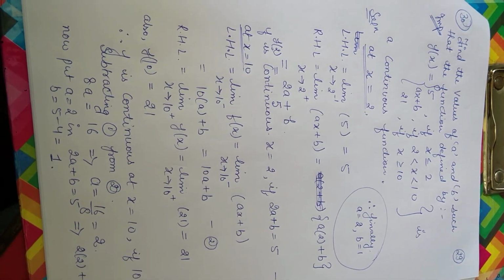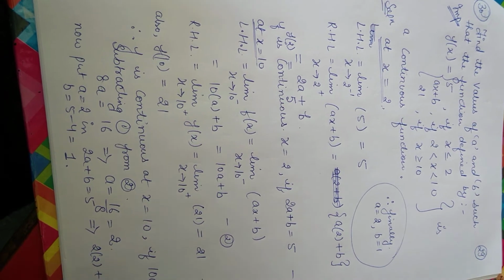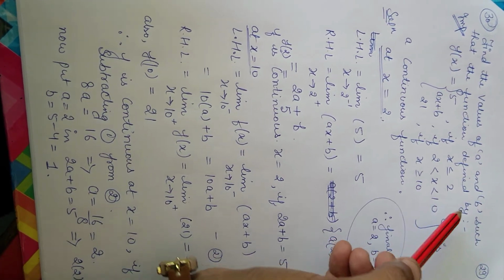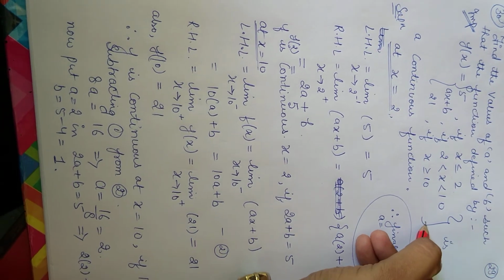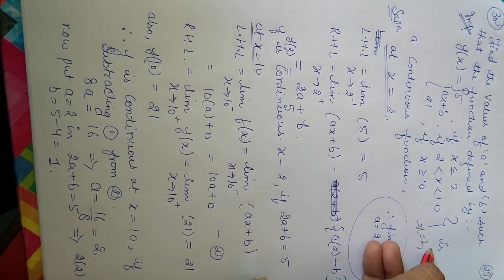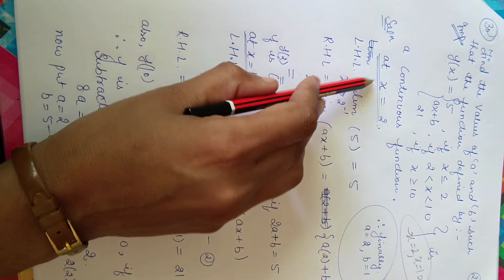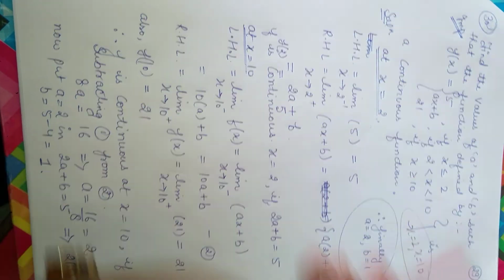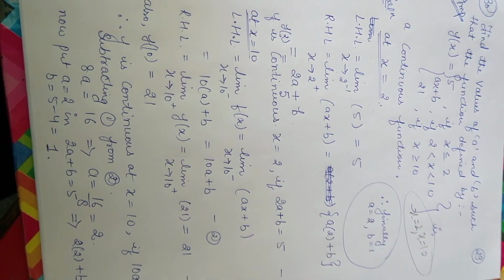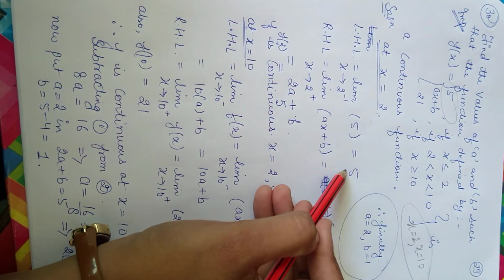So we will do it fast, though it is important. First of all, beta, we are going to check at x is equal to 2, then we will check at x is equal to 10. So at x is equal to 2, LHL, limit of x tends to 2 negative, means from the negative side x less than 2, the function is defined as 5, so my answer is 5.